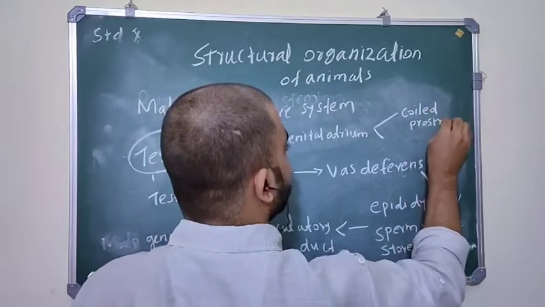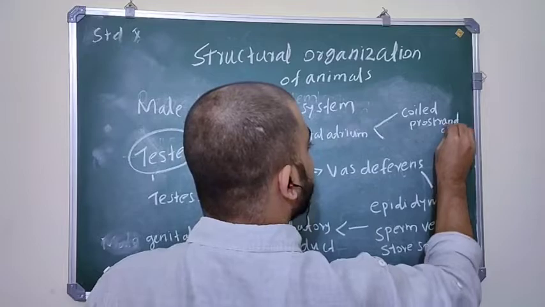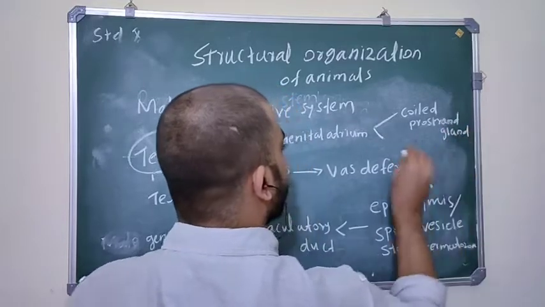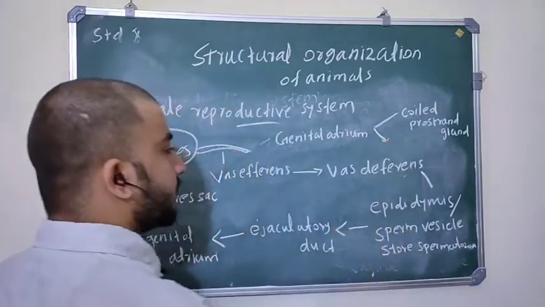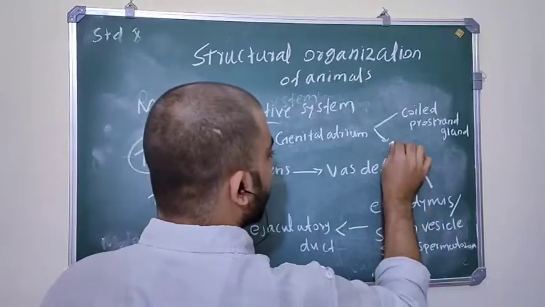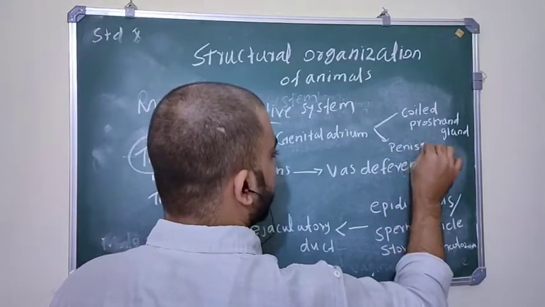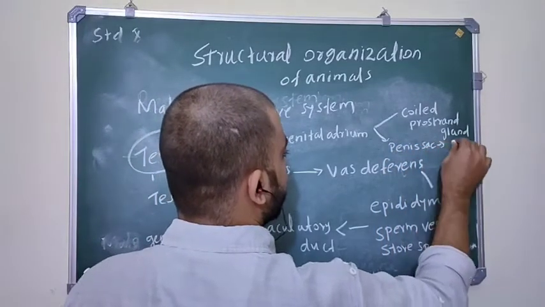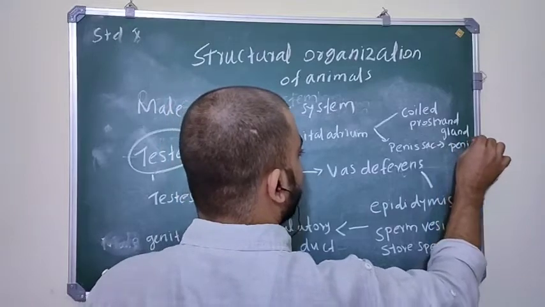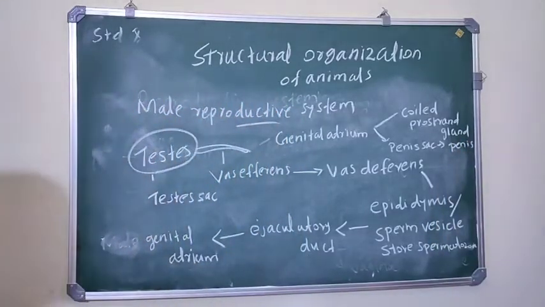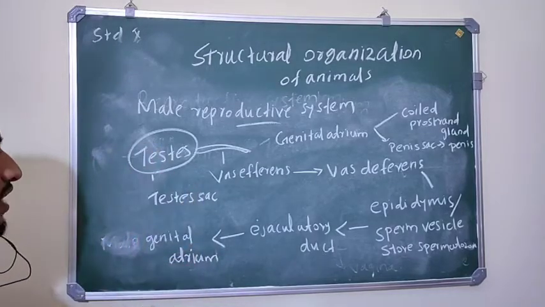A coiled prostate gland and a penis sac, which consists of the penis. So these are about the male reproductive system. First, the testis forms a testis sac.